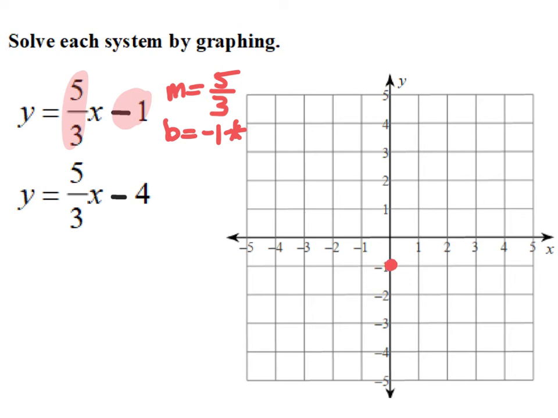So I can put a point at negative 1, and then because it's 5 over 3, I'm going to go up 5 and over 3. So if I count to go up 5 and then over 3, I could put my point right here. And then this would allow me to draw in my line.